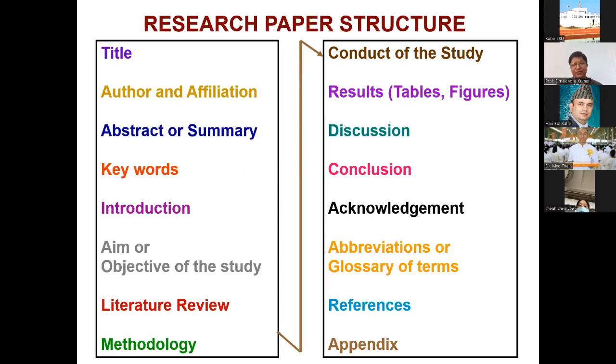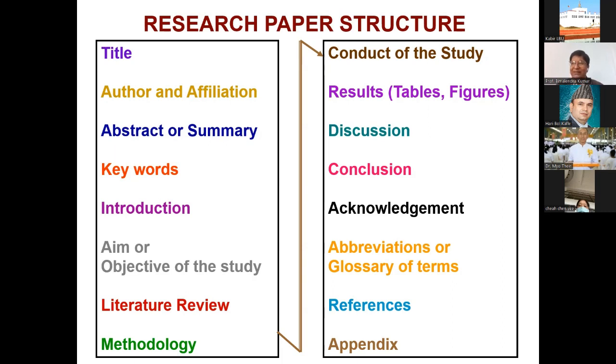Whenever you are preparing your research paper, there are stages through which you can prepare it. First of all, you have to think about the title, then write down the author and the university you are affiliated with, or where you have registered for the PhD course. Then, in the very beginning, you have to write a summary or abstract of the paper.